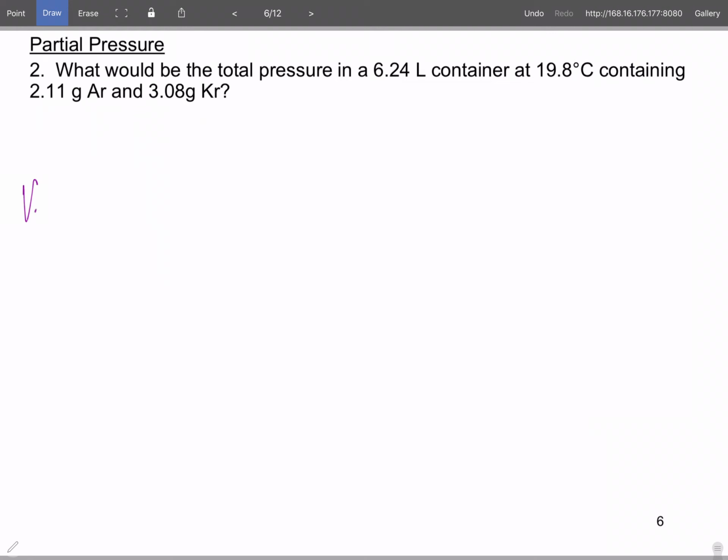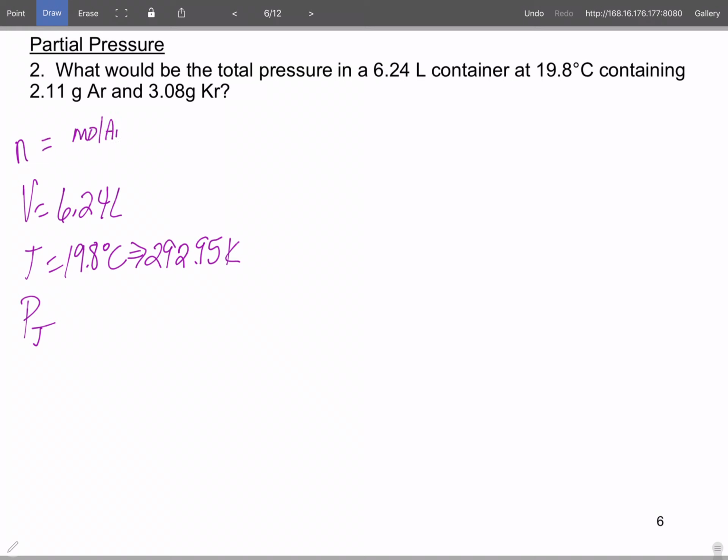So the first one we have is volume is 6.24 liters. Temperature is 19.8 degrees C, which is 292.95 K. And we're looking for pressure, but we want the total pressure, which means what we're missing is the moles. So we're going to need moles of argon plus moles of krypton.